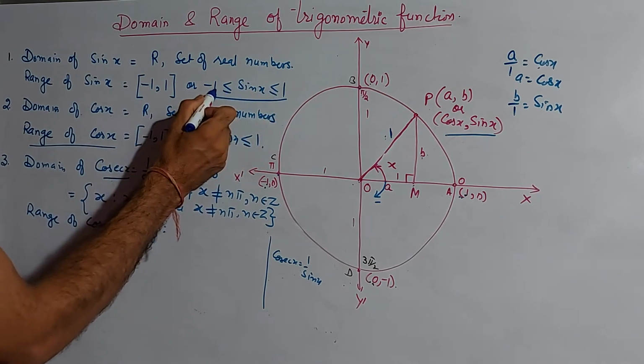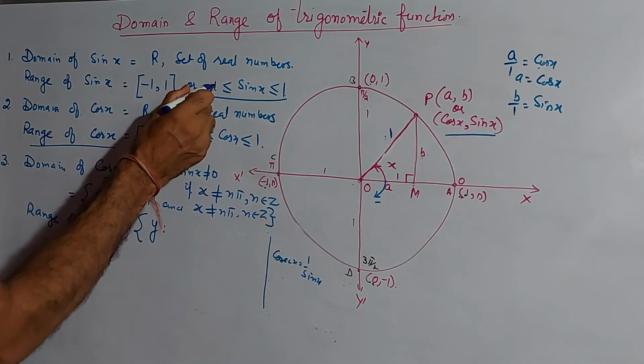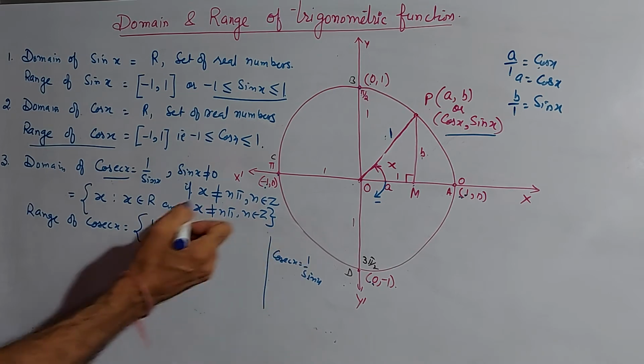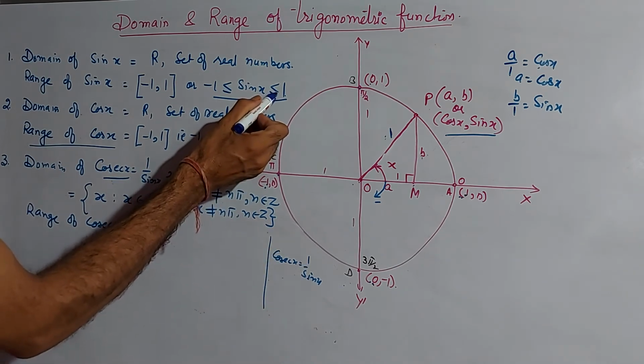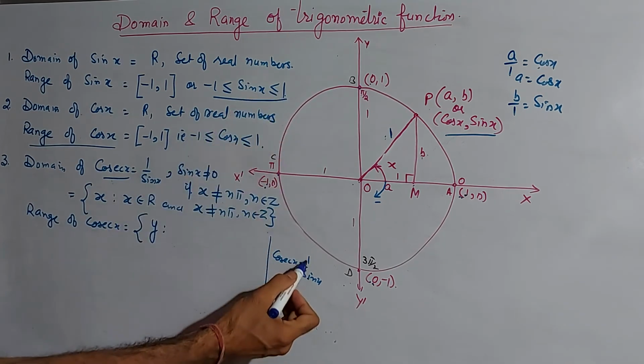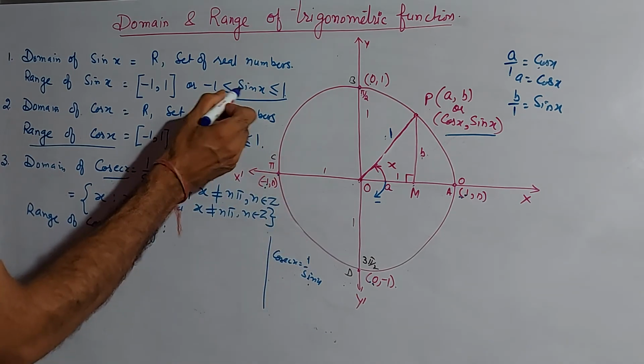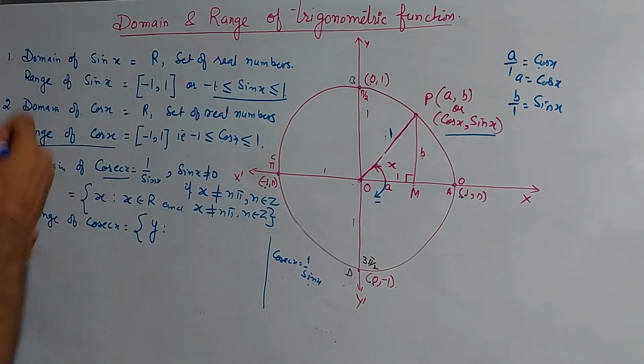These are minus 1 and 1. When sine x is minus 1, the value is minus 1, and when sine x is 1, 1 upon 1 means 1, but in between minus 1 and 1, these are fractions.